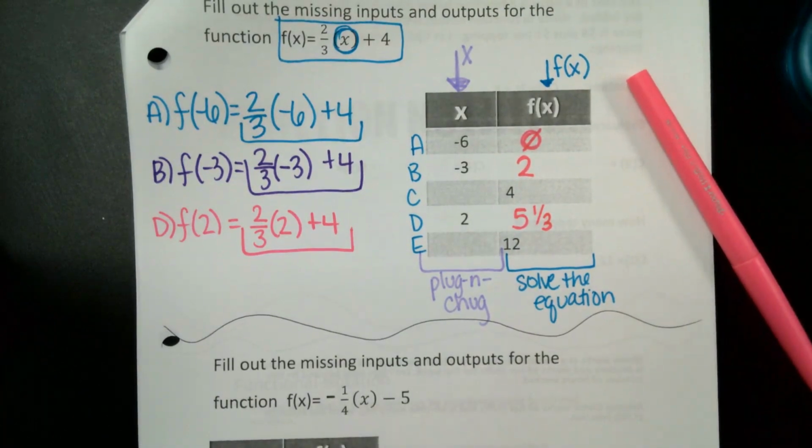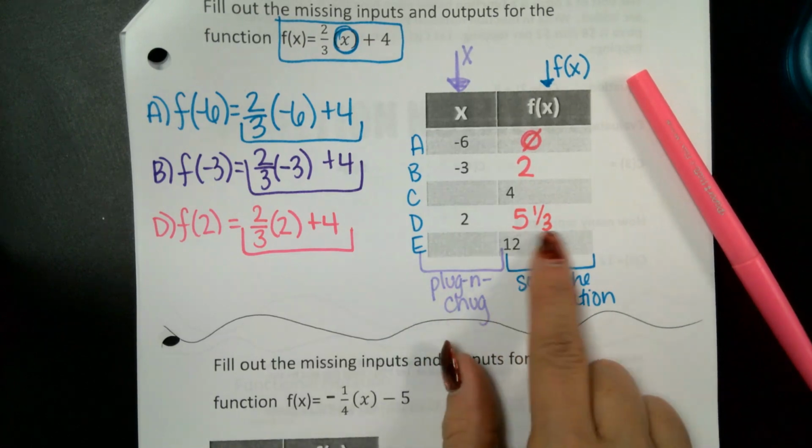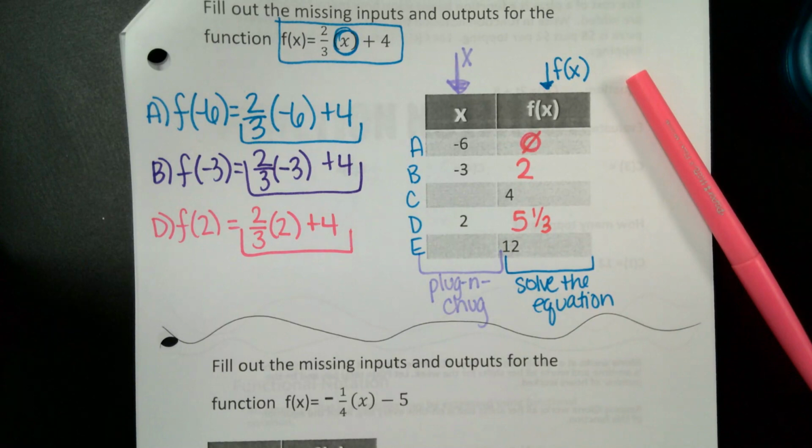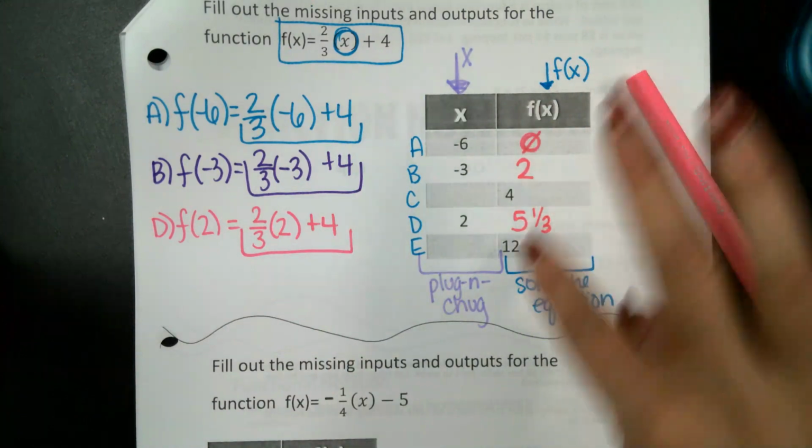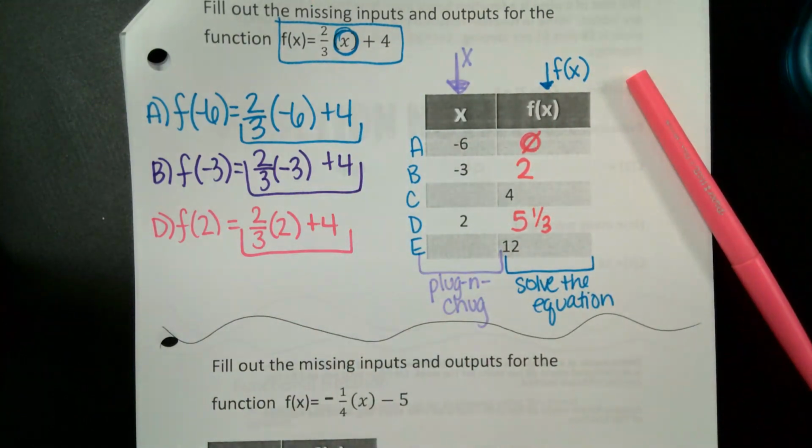So on your calculator, you guys, it has the number 5, and then it has like a U and then a 1/3. The U separates the whole number from the fraction. So this is just 5 1/3. So write that down on your paper. I didn't put my answers over here. I put my answers in the chart. So 0, 2, and 5 1/3.